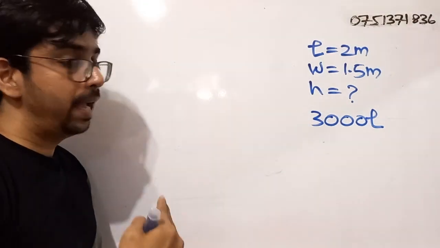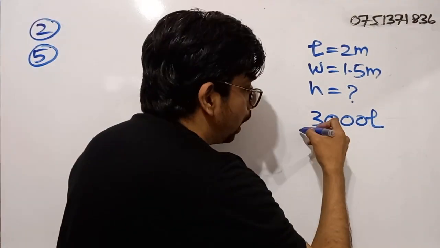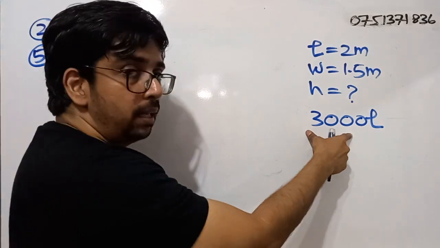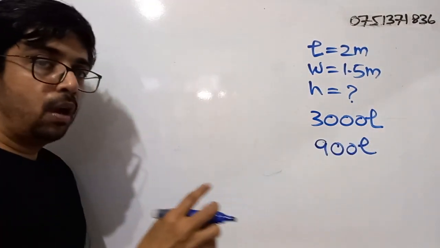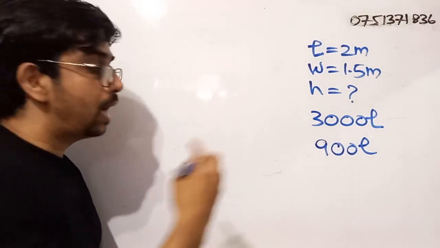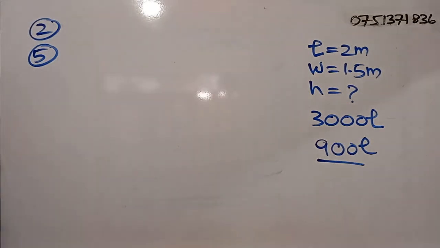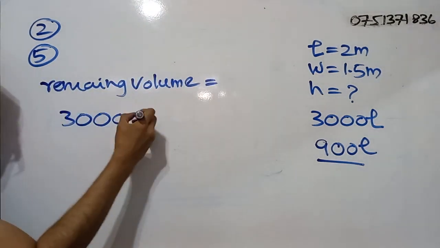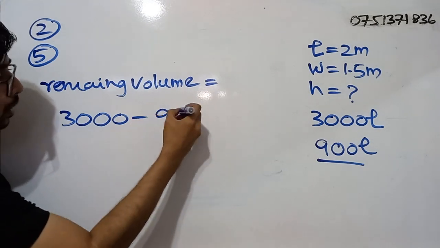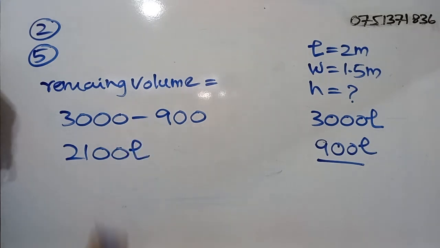That means the tank is full. So when that happens, the amount of water in the tank is what? 3000 liters. And we know the amount of water that has been leaked out. What is that? 900 liters. So what will be the remaining amount of volume? 3000 minus 900, which will be 2100 liters.